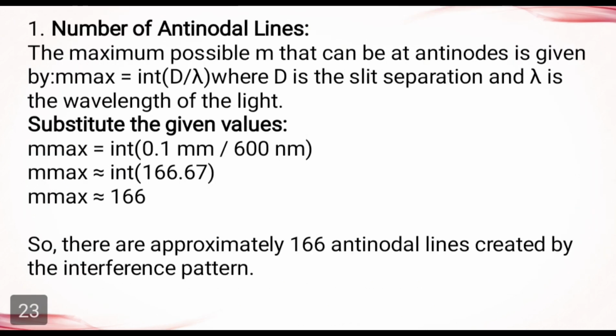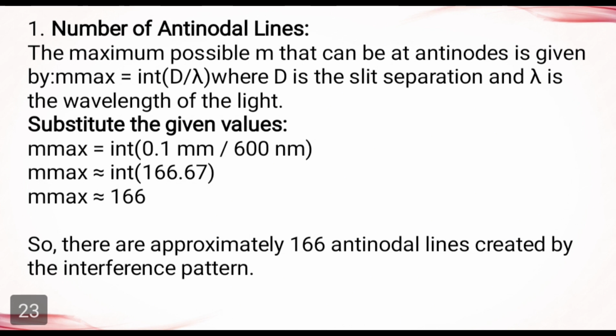First, you need to get the number of antinodal lines. The maximum possible M at antinodes is given by M max equal to d over lambda, where d is the slit separation and lambda is the wavelength of the light. So substitute the given values.